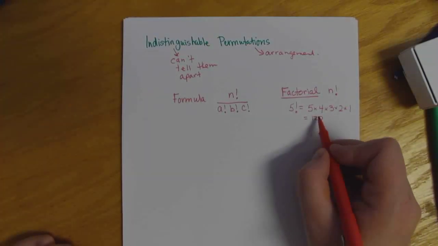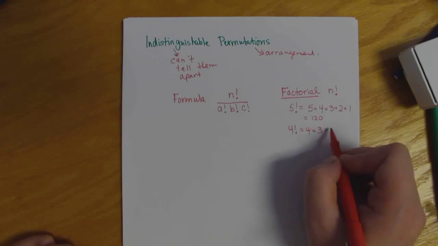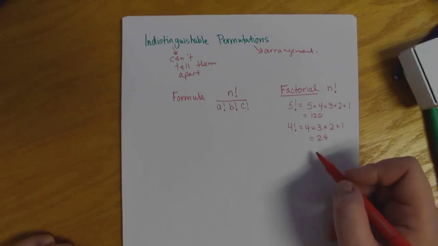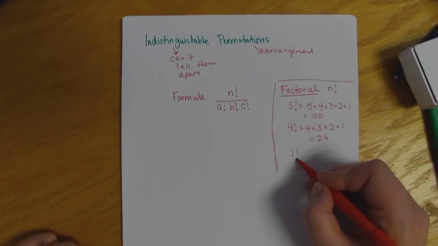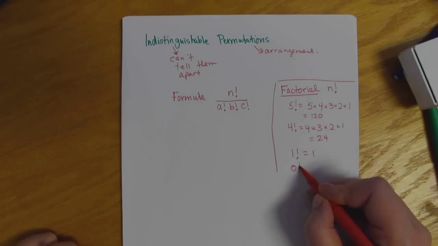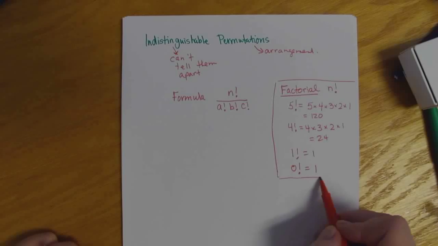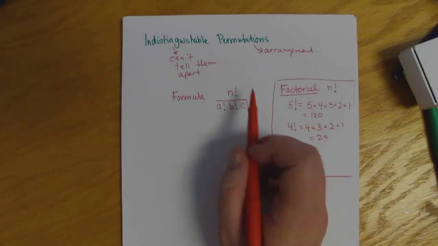So 5 factorial would be 120. 4 factorial would be 4 times 3 times 2 times 1, and so on. Just another note on factorial. 1 factorial would be 1, but 0 factorial needs to be memorized, and that's also equal to 1. Okay, so that's factorial.